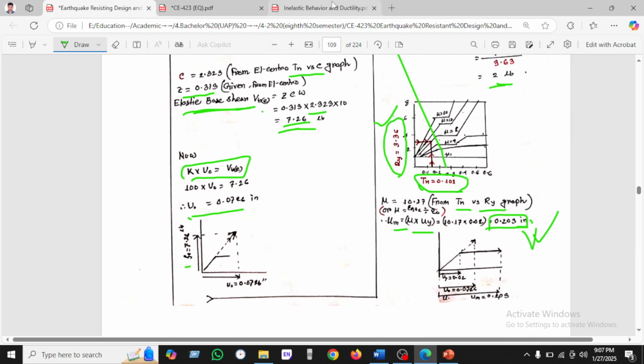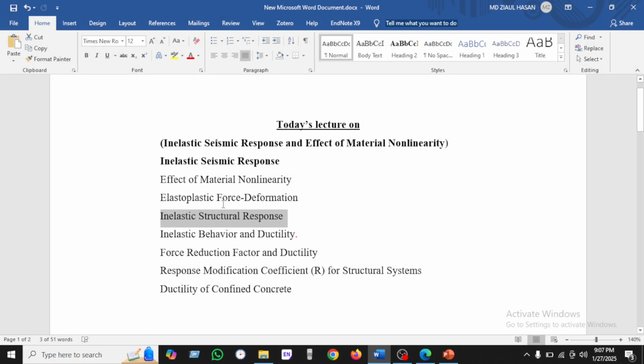So now we are seeing here inelastic behavior. This is also completed, so these two I have completed at first. Now I am seeing here inelastic behavior, ductility, inelastic structural response, and inelastic behavior or ductility.